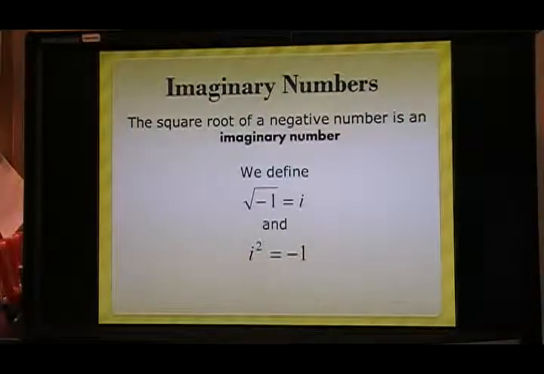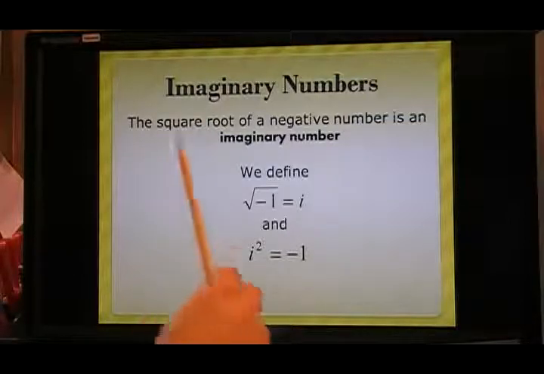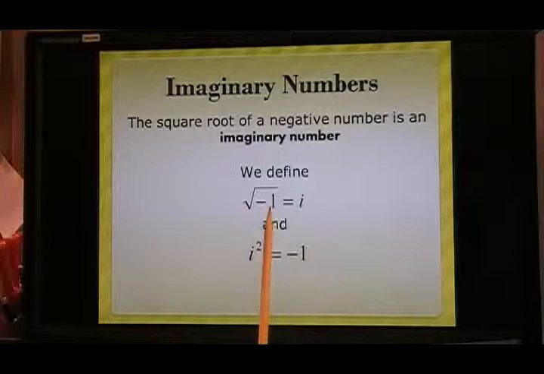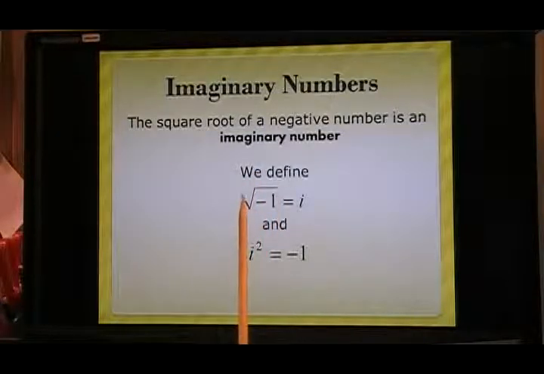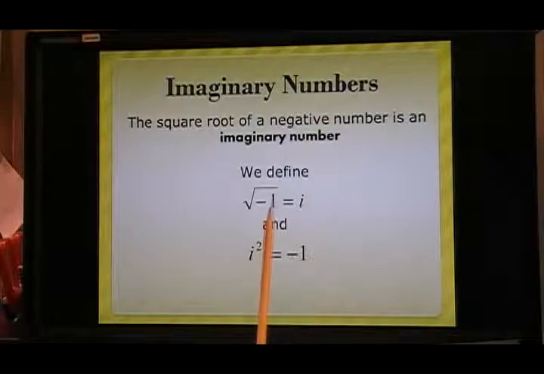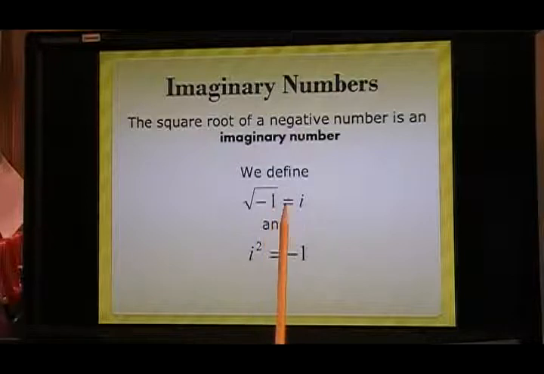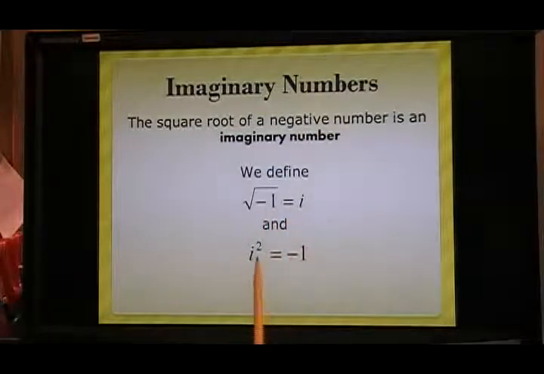Based on what we've talked about with square roots, if I ask you to simplify the square root of -1, I'm saying find something that I can multiply twice to get -1. If the number that I multiply twice to get -1 is i, then if I multiply i twice, I do get -1.